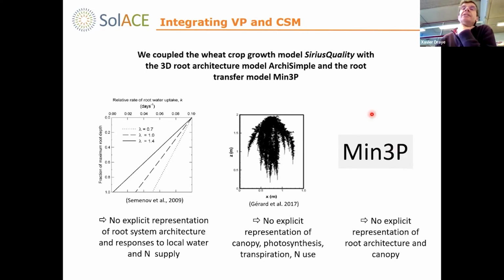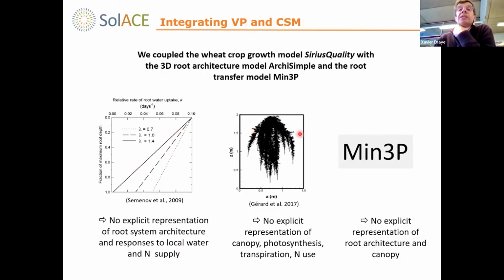So why couple these three models? The crop growth model has the ability to predict yield, but it has a very simplified representation of the root, which is essentially a root occupancy coefficient, saying that according to the maximum root depth, the relative root water uptake would be linked by a straight line.